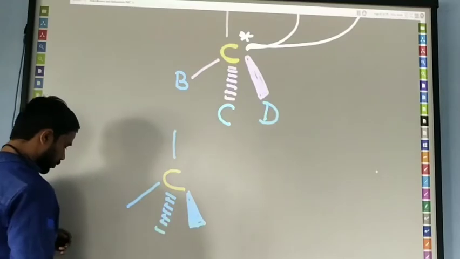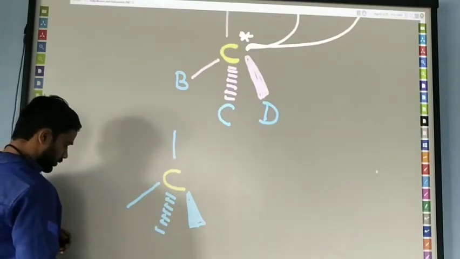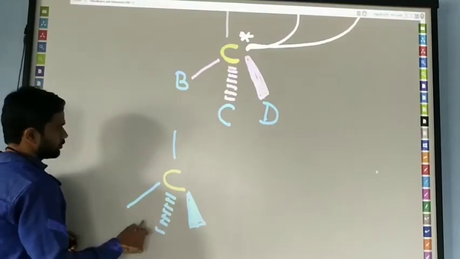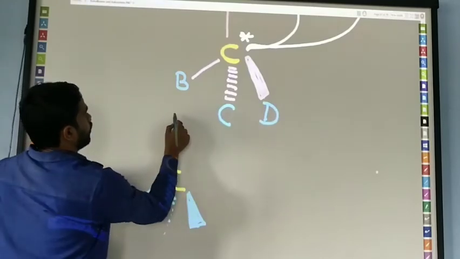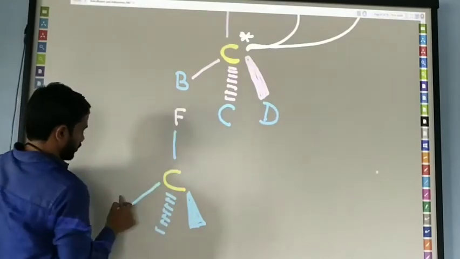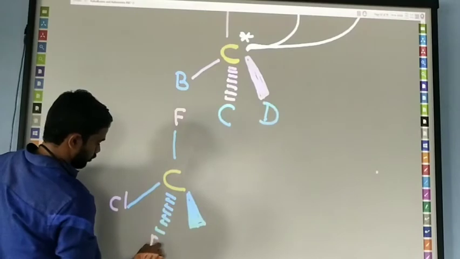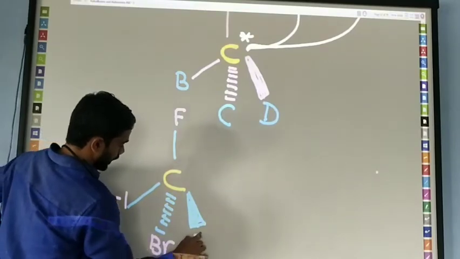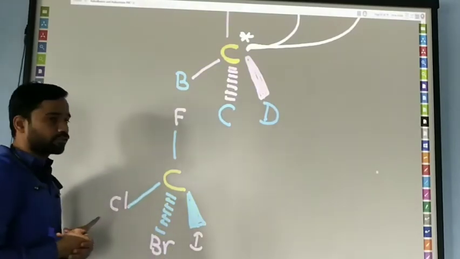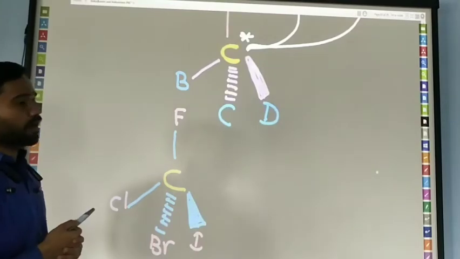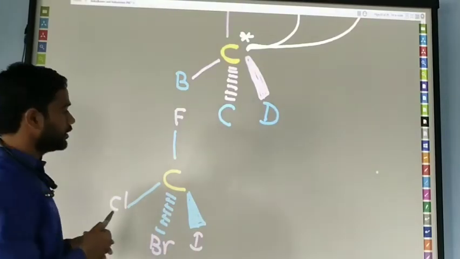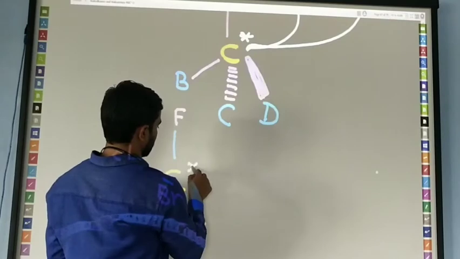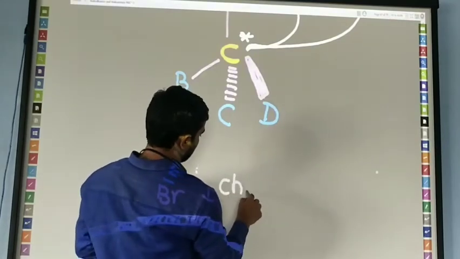Instead of alphabets, let me consider halogen elements: fluorine, chlorine, bromine and iodine. This is known as your chiral carbon. This carbon is to be considered as your chiral carbon.